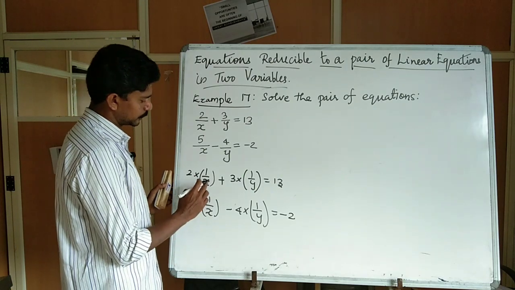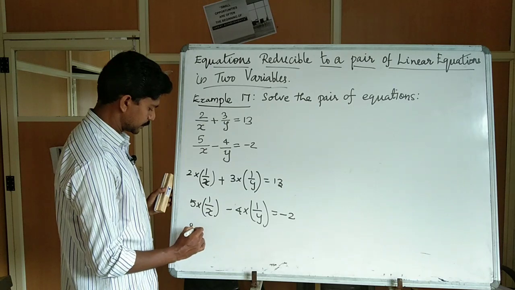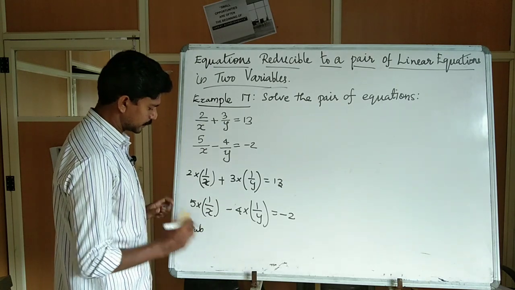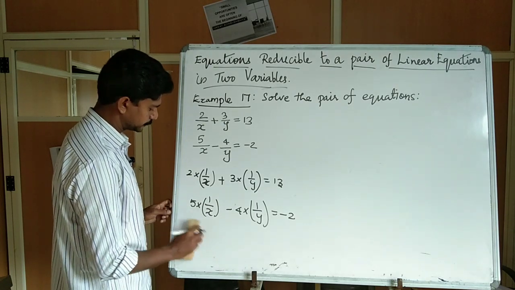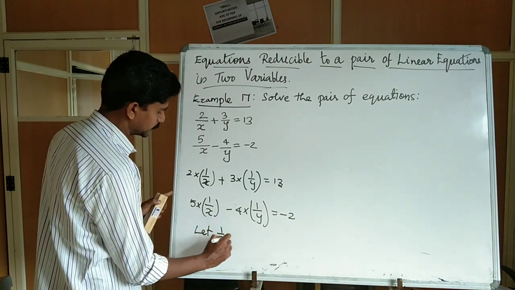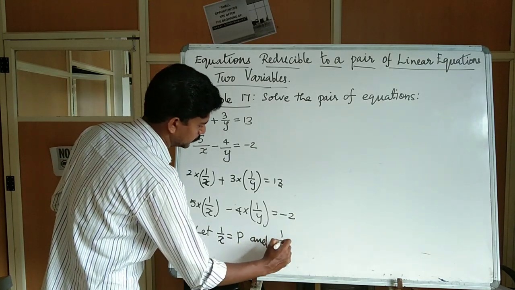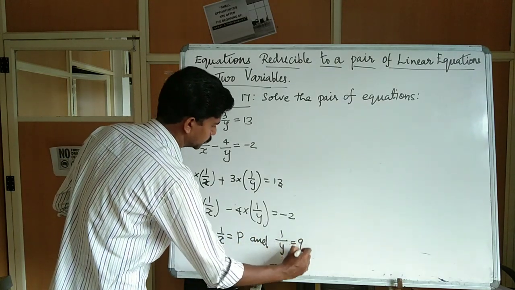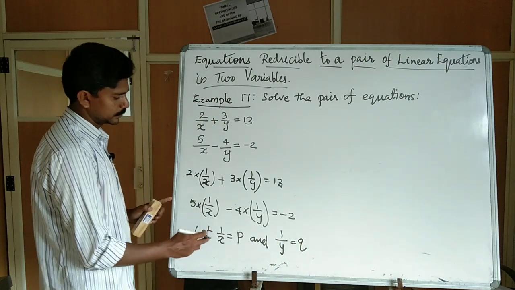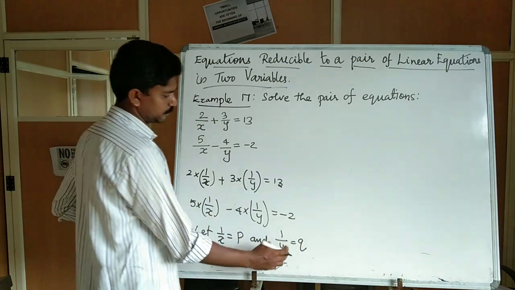Now we are going to substitute 1 by x. Let 1 by x is equal to p and 1 by y is equal to q. So instead of 1 by x, we are writing p, and instead of 1 by y, we are writing q.